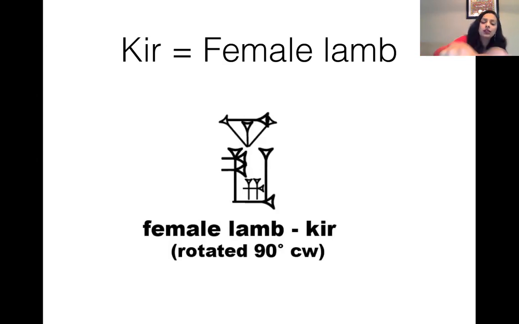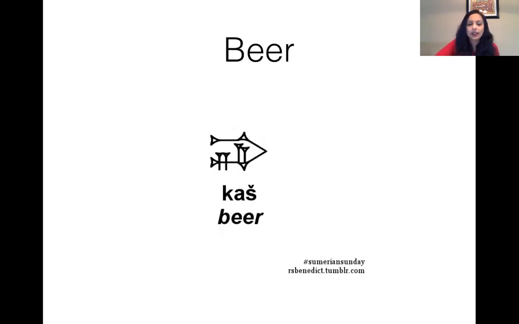So the top one stands for ki, the bottom one stands for etc. So each of these can be associated with a particular syllable, with a particular speech sound, and therefore connected to meaning. Here is the Sumerian writing for beer. This word is kash, and this is how they represented beer.